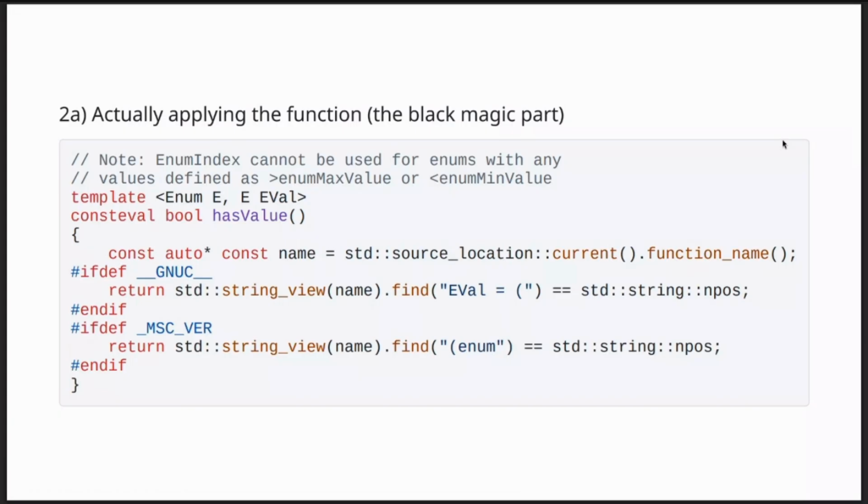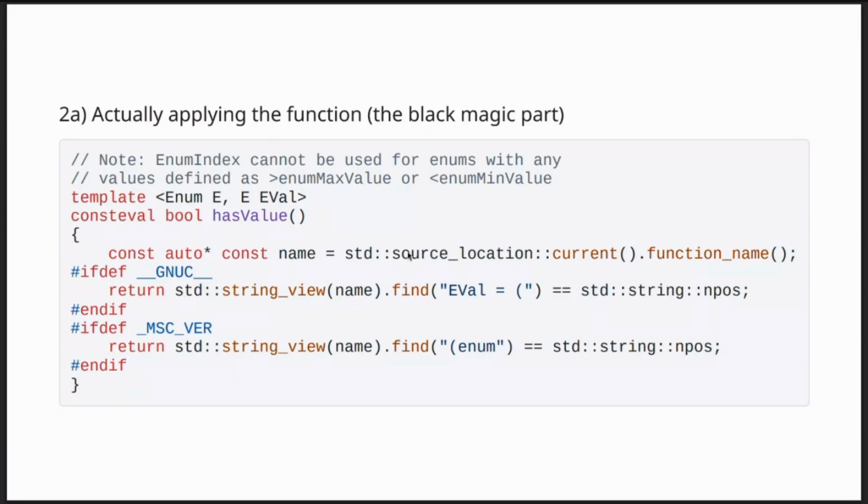Okay, so this is the particular trick for figuring out if an enum has a value or not. And of course, as soon as you see ifdef GNUC or ifdef MSC, you know you're getting into interesting things, because these are checking what specific compiler you happen to be using at the time, because they do different things.